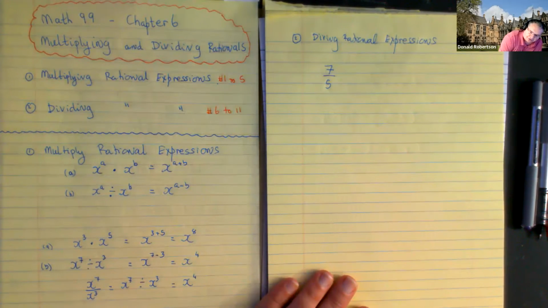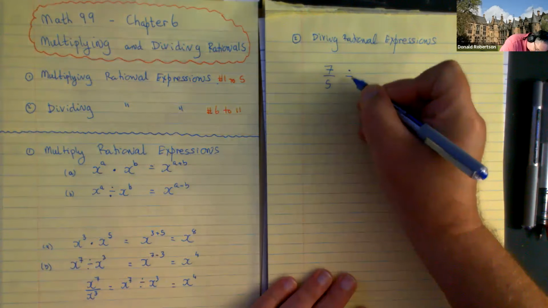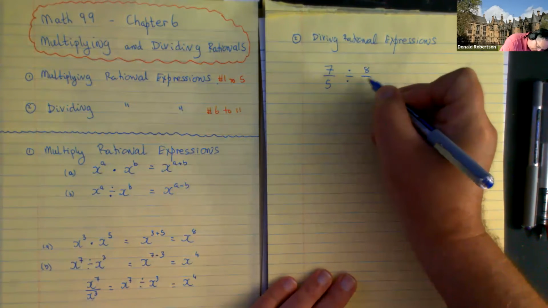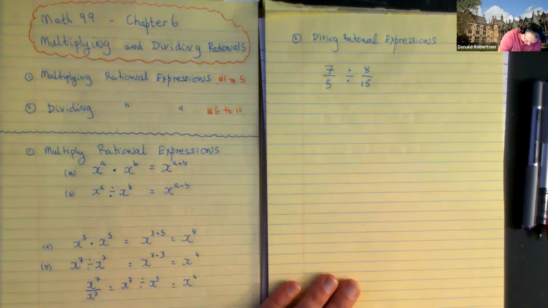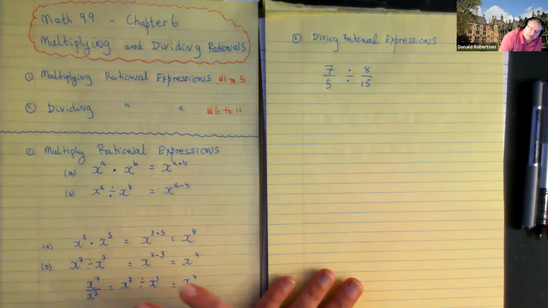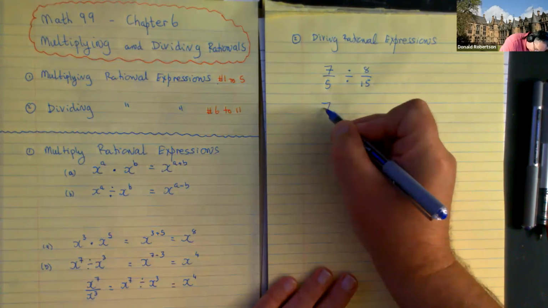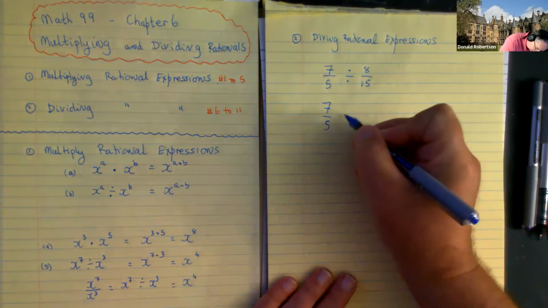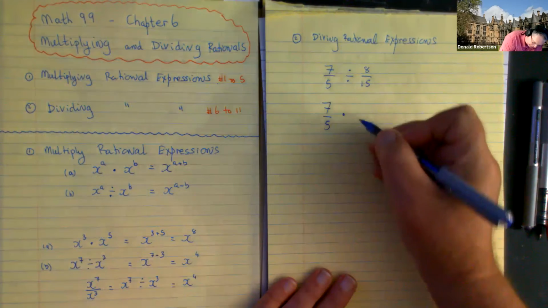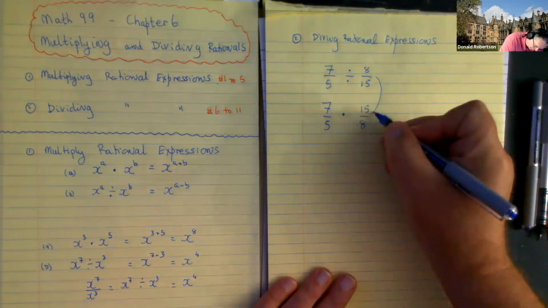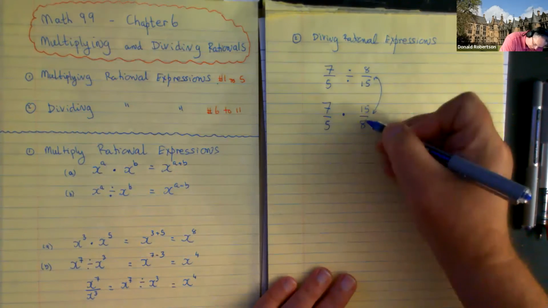Suppose you had 7/5, and I asked you to divide it by 8/15. Now, you could do that in your calculator, but if you were going to do it the old school way, there's a rule that says divisions can be turned into multiplications with the reciprocal. In other words, you turn only this fraction upside down.